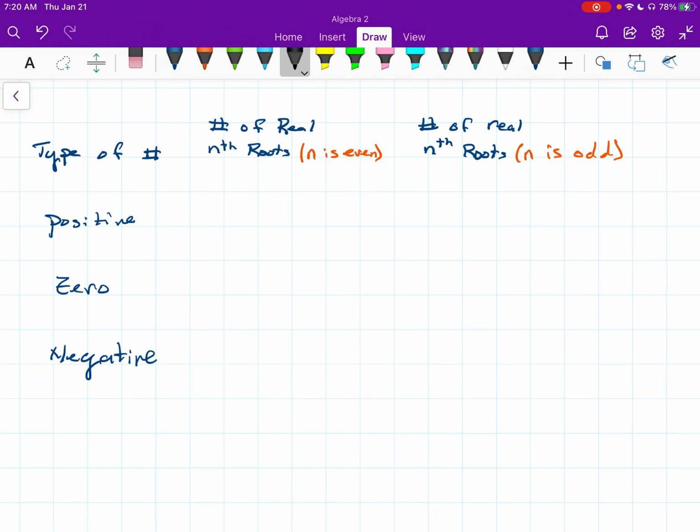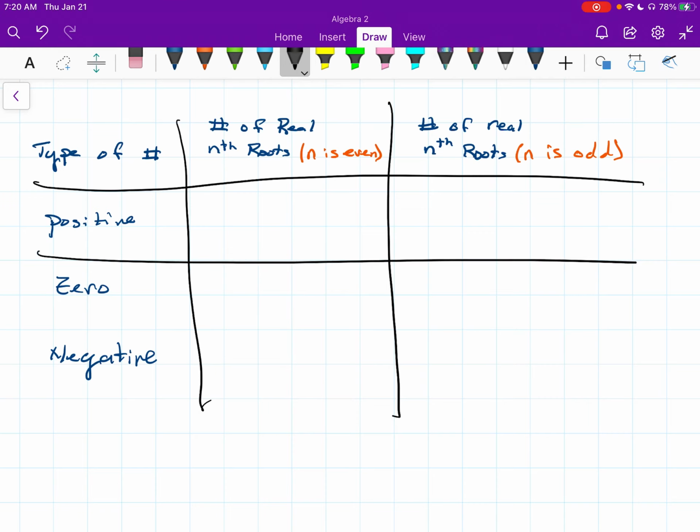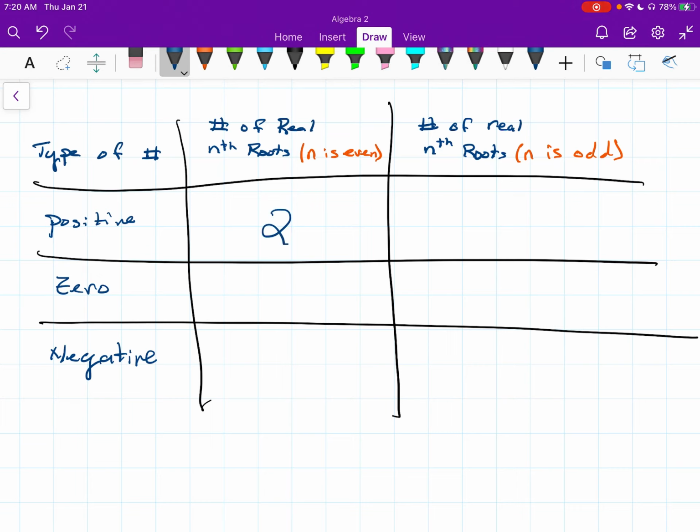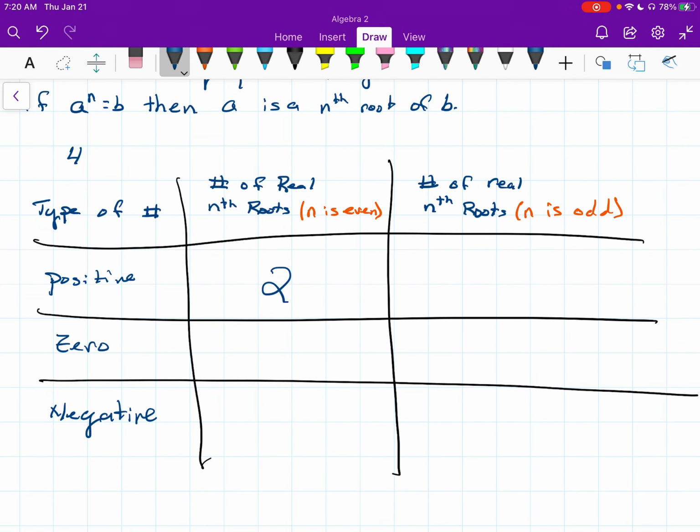All right, so now I'll cross out and make our little chart here. All right, so starting off in the upper left corner here, a positive number where n is even. It will have 2 roots, right? An example of that would be like 4 squared, right? 4 is positive and 2 is even, okay?